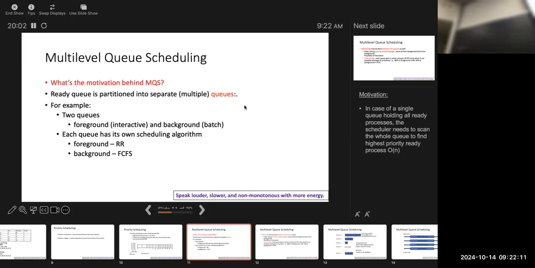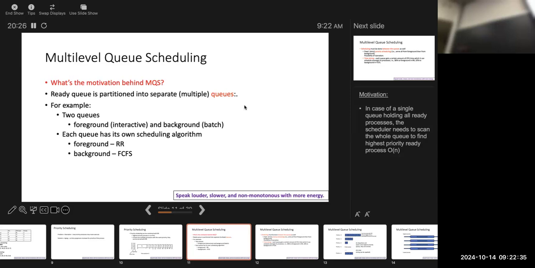Depending upon your requirement, you can have a separate algorithm for each one of these queues. So as a whole, at the system level, you are still using the priority-based algorithm, but to schedule all the ready processes belonging to the same priority queue, you can use any other scheduling algorithm.